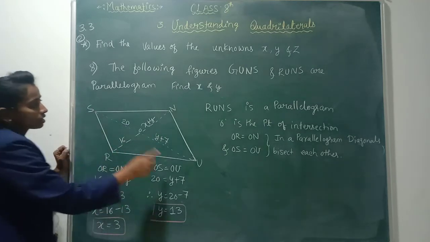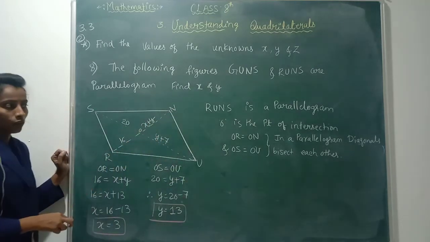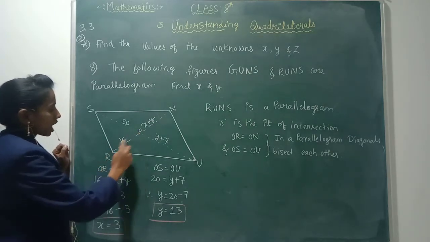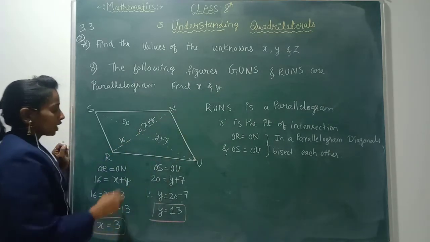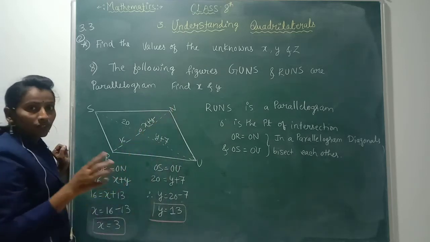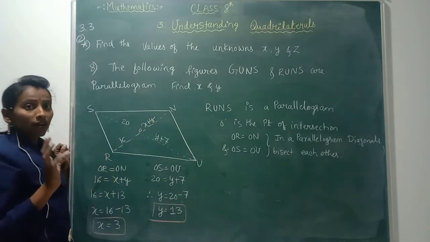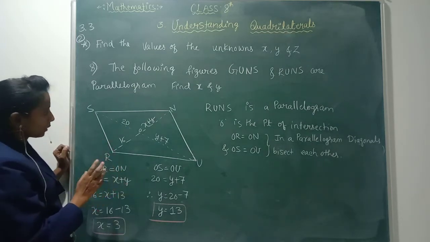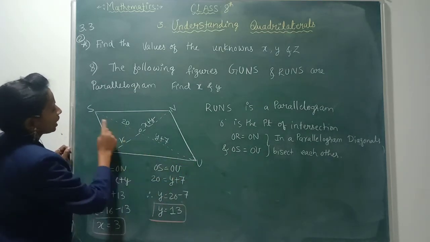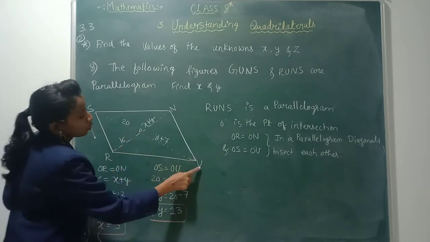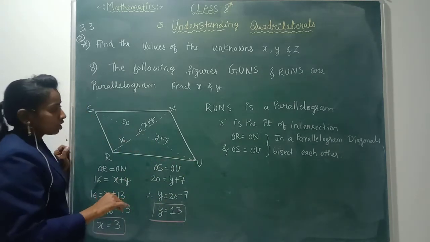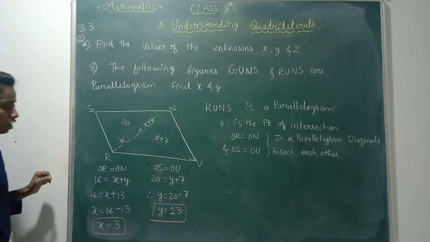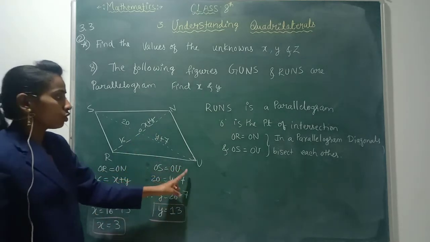So here SU and RN are the diagonals. So they bisect each other, means this RO is equal to ON. This RN diagonal, they divide equally. They divide equally means they bisect each other. So again in the SU diagonal, SO becomes OU. They bisect each other. So these two become equal and these two become equal.